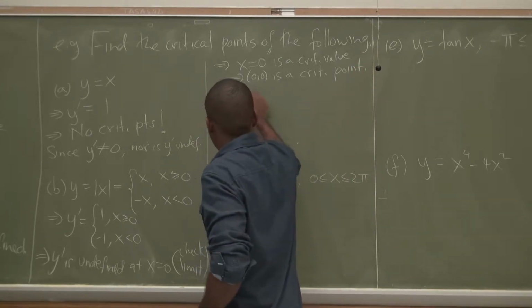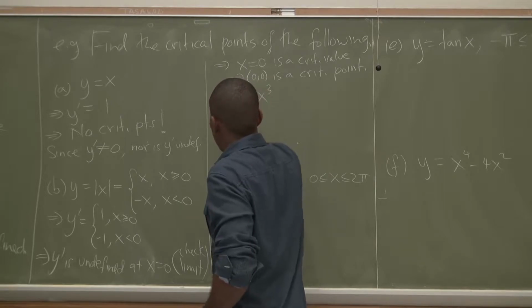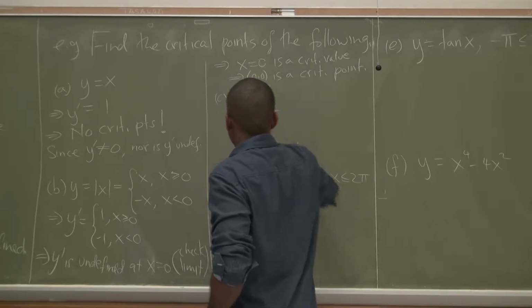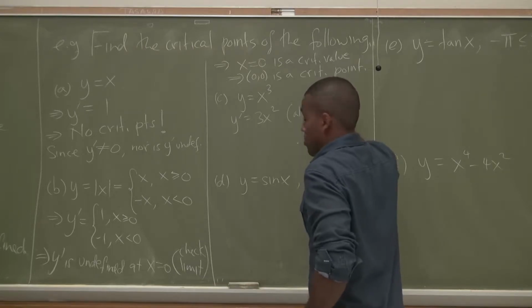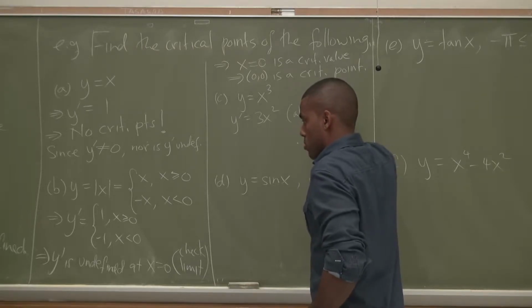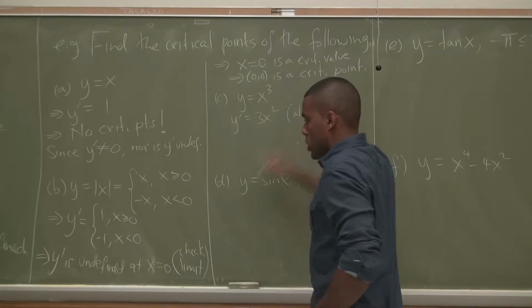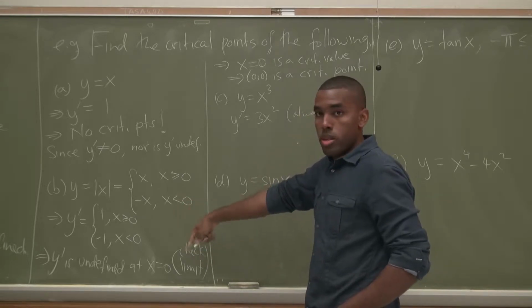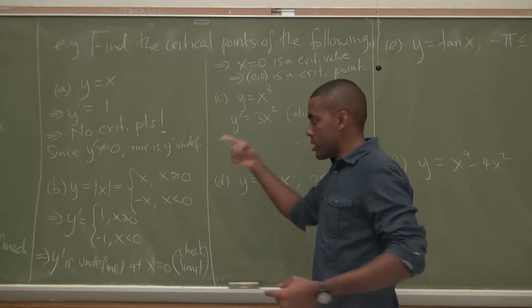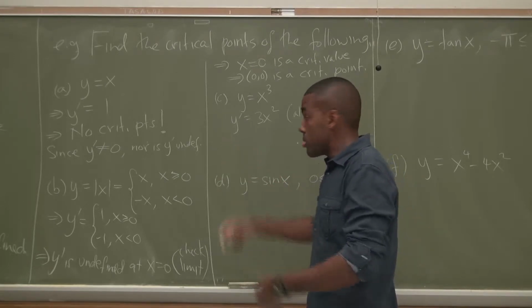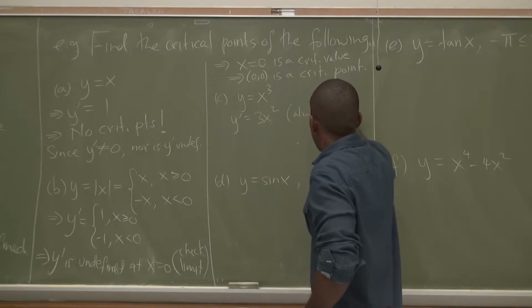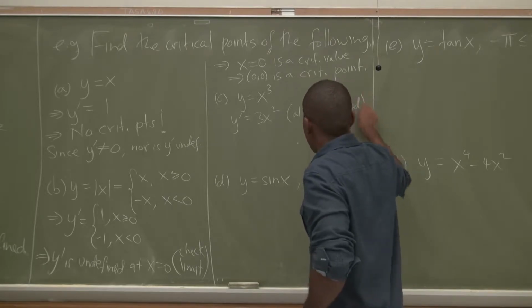C, if we have y equals x cubed, then y prime equals 3x squared. This is always defined. Why is it always defined?